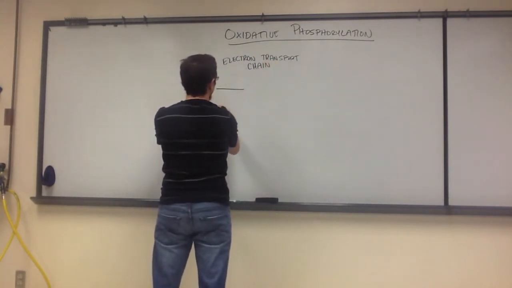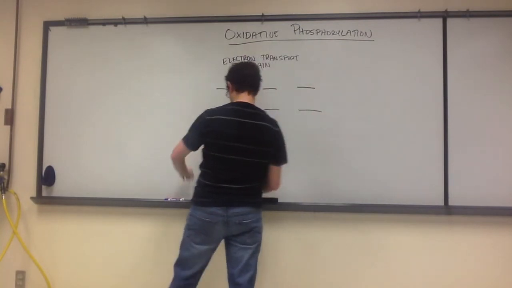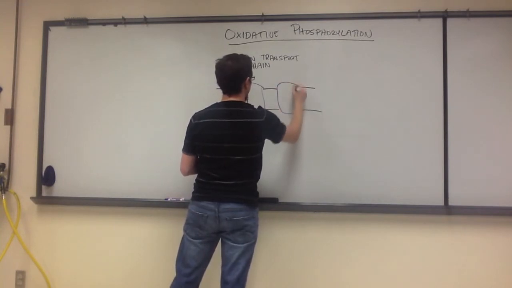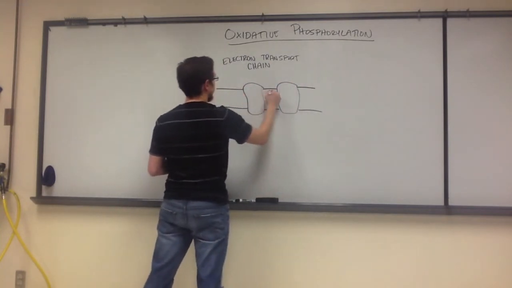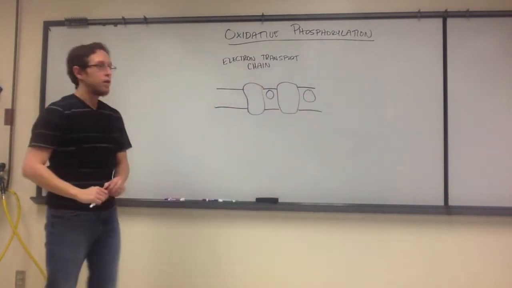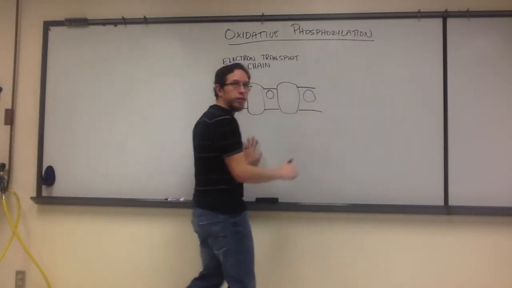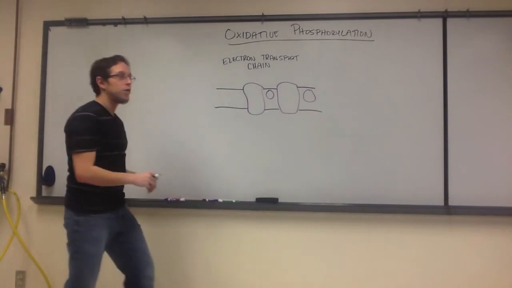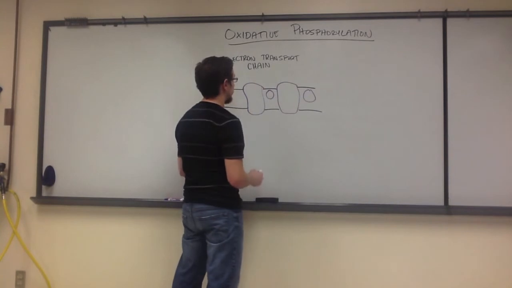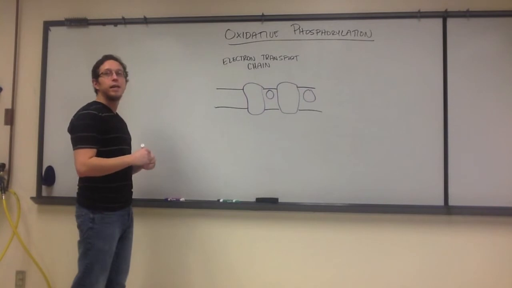If we look at the membrane in the mitochondria, we will see a series of proteins that are responsible for transferring electrons from protein structure to protein structure. Okay, so we've got protein complexes responsible for transferring electrons.